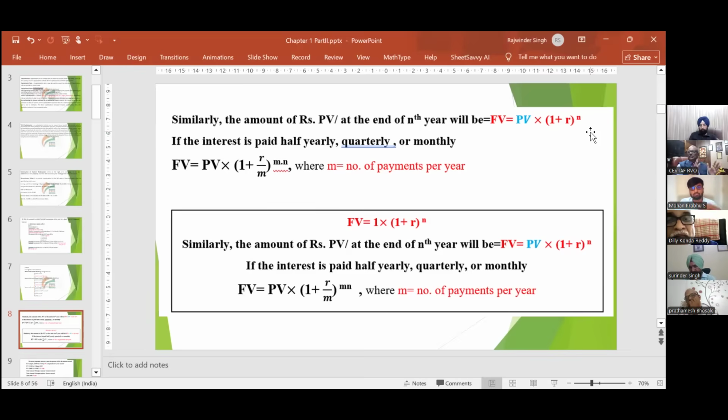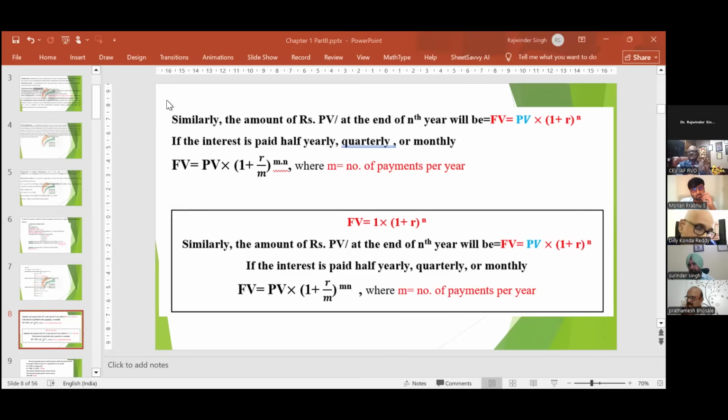Simple logic, which we have already learned in 6th or 7th. Is it okay up to now? FV is equal to PV multiplied by 1 plus R raised to the power N. This is the first and very, very important concept to be learned as a valuer.